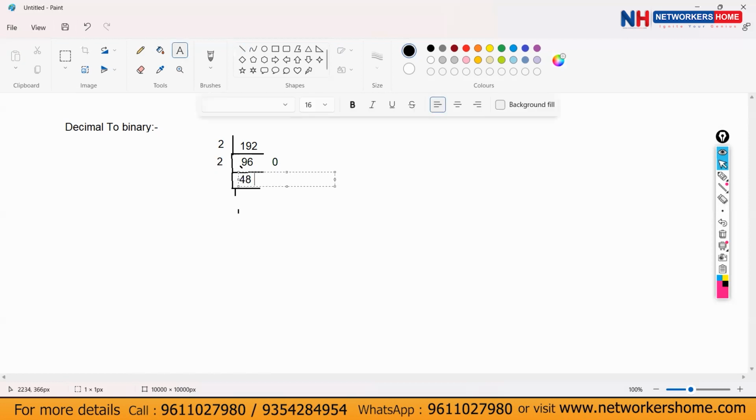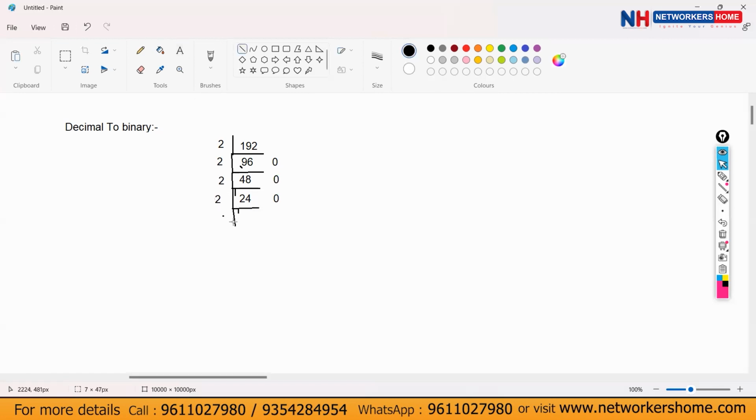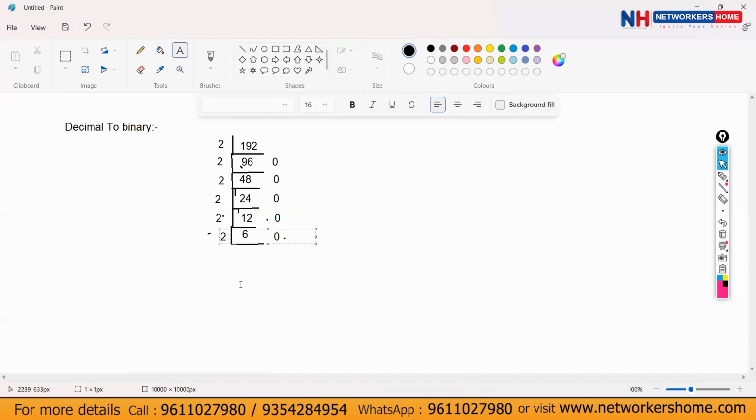Remainder is 0. Now divide 48 by 2. 24. Remainder is 0. When you divide 24 by 2, you get 12, and the remainder again is 0. Fine. Divide 12 by 2, remainder is 0.